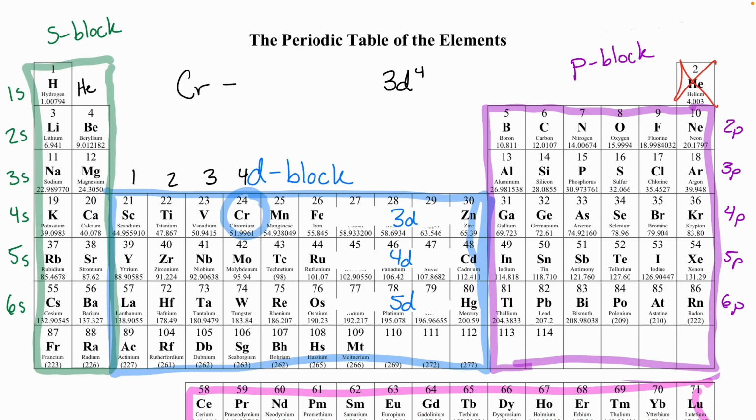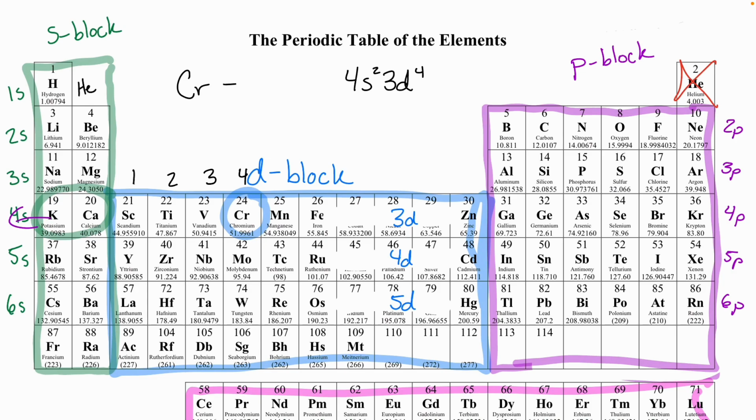But now I've got to include everything that comes before it. In front of my 3D block is my 4s row, so I've got to include that. A full 4s, 4s2. What's in front of 4s? Now I've got to go back, so it's like you're reading backwards.